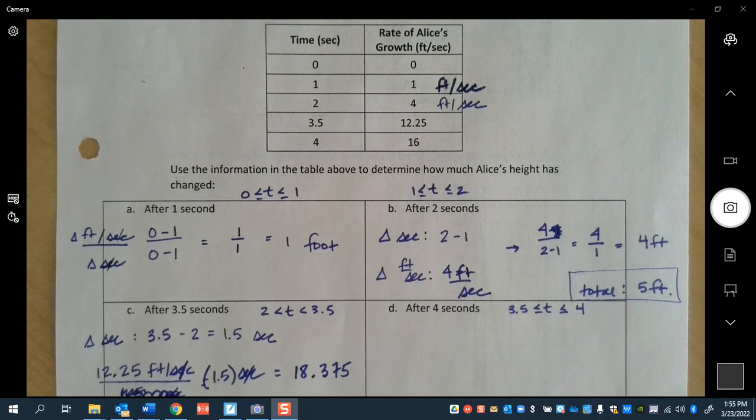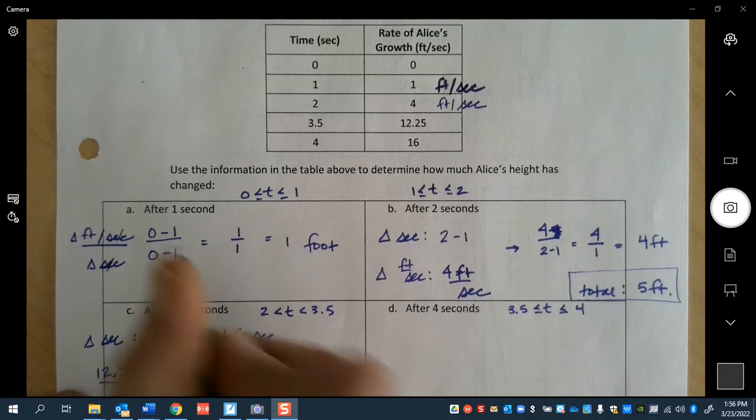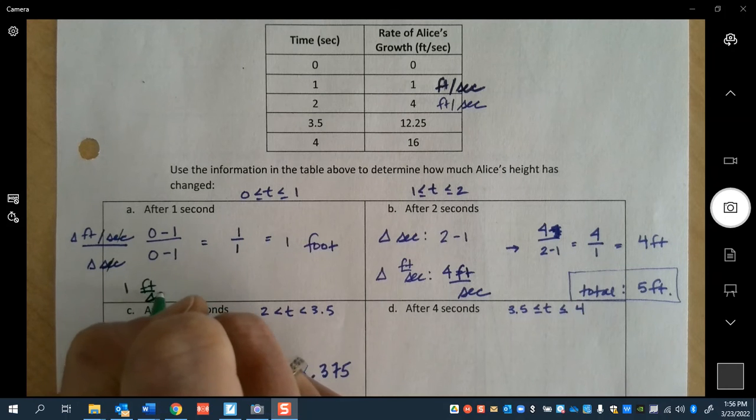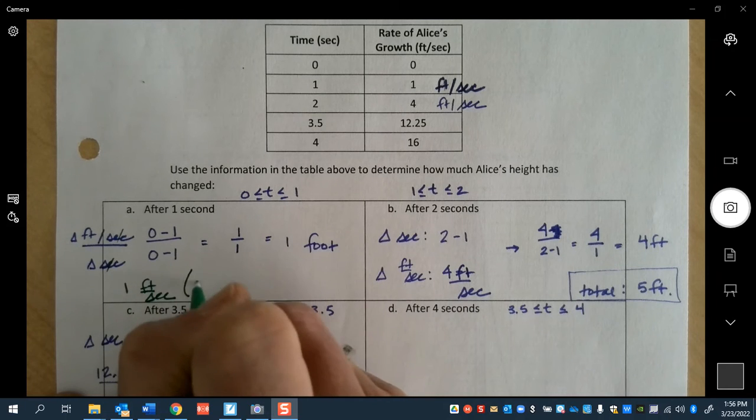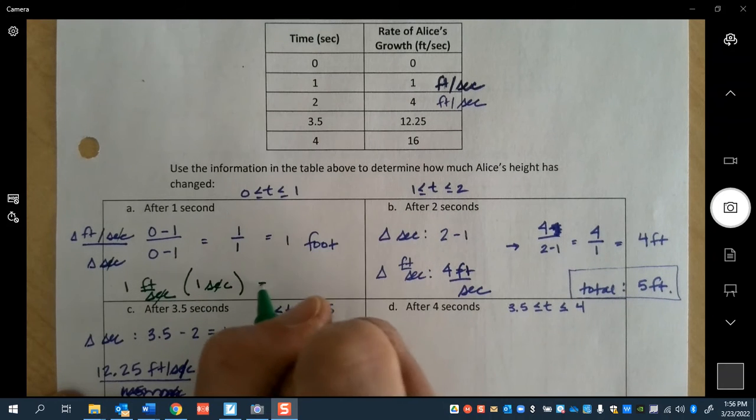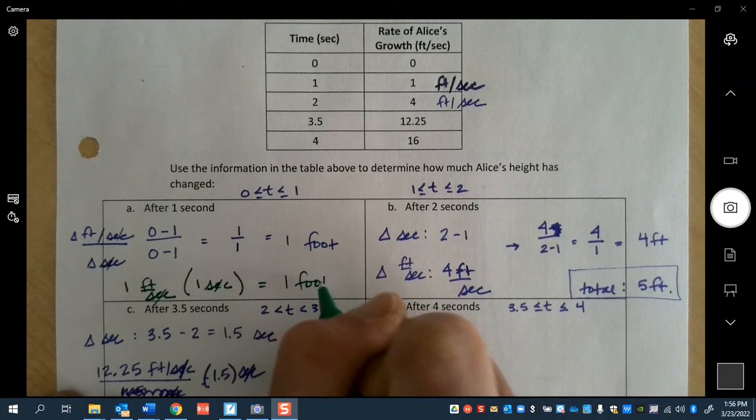So when we look at after 1 second, my change in my time, 0 minus 1 is 1, right? And then we have, she's grown 1 foot per second. So when we talk about this, her rate of growth is 1 foot per second, and that's happened for 1 second, which is why these seconds cancel out and you end up with 1 foot.